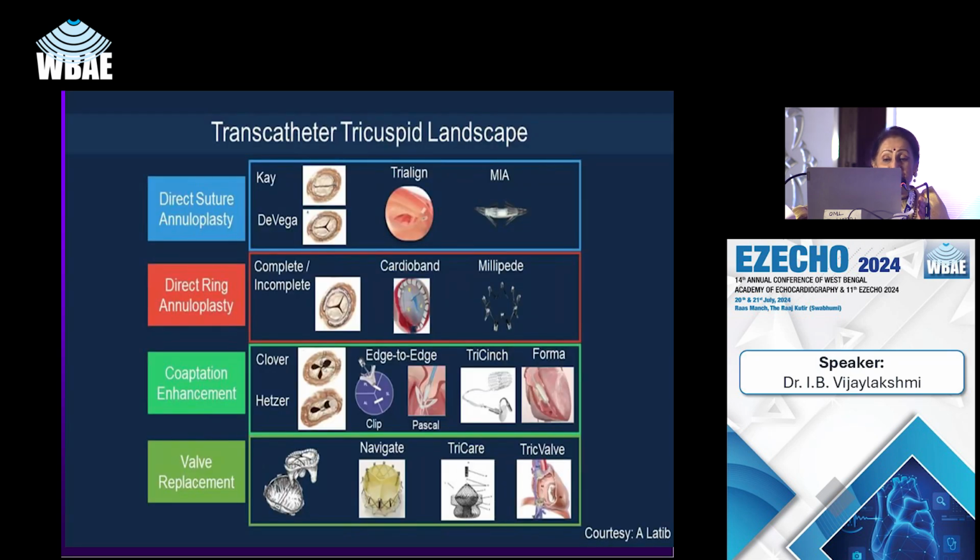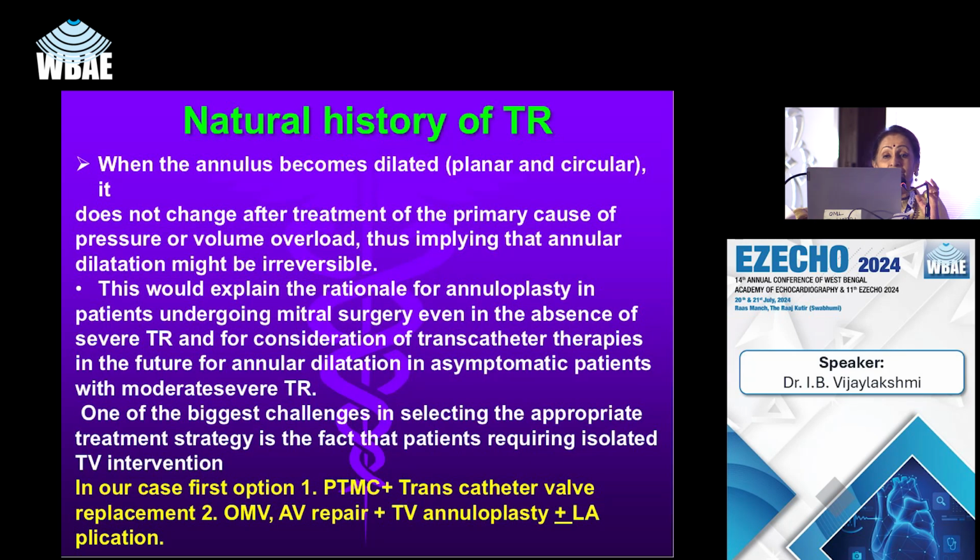So whenever there is severe, massive, torrential TR, surgical options are important, or they can be transcatheter valve options. Tricuspid valve clipping can be done if the patient can afford it. So here it is very important that in grading of the tricuspid valve, all severe TR has to be fixed. That is a dictum.